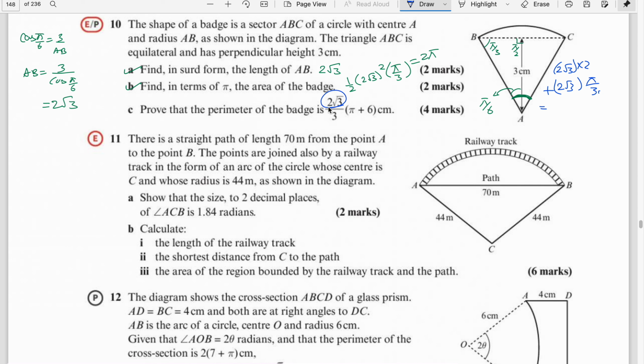So 2 square root 3 is already there, we just take that out as common, and I'm left with 2 plus pi by 3. Bringing this 3 out is 2 square root 3 by 3, times 6 plus pi. Shown.